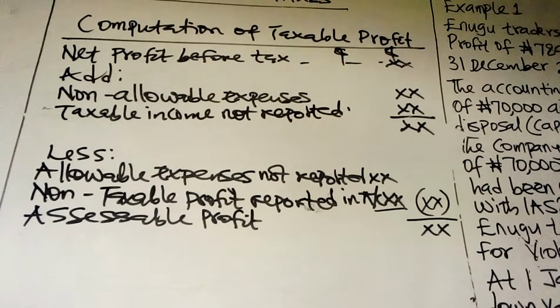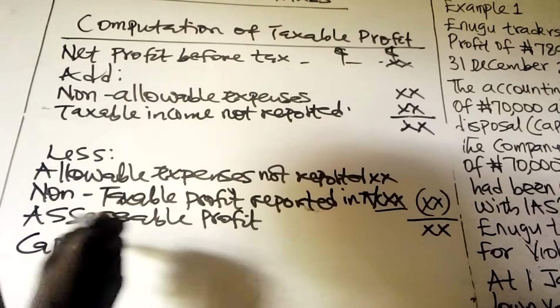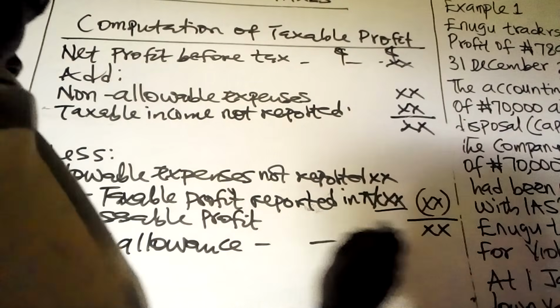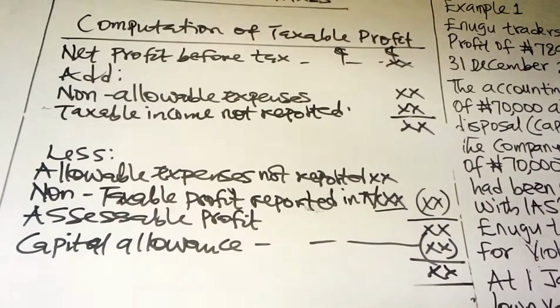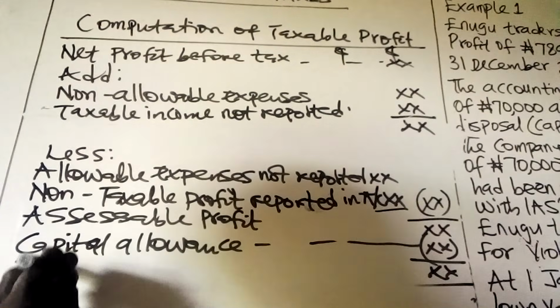From this profit, you less capital allowance. You less capital allowance from your assessable profit. After deducting your capital allowance from the assessable profit, you arrive at the taxable profit.